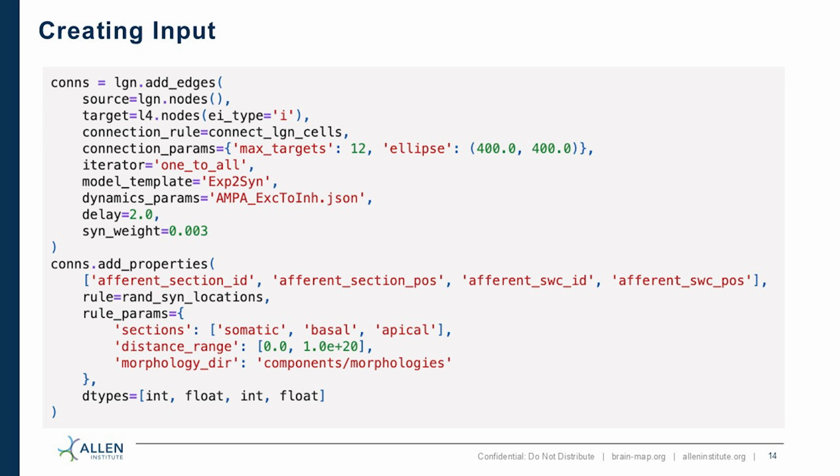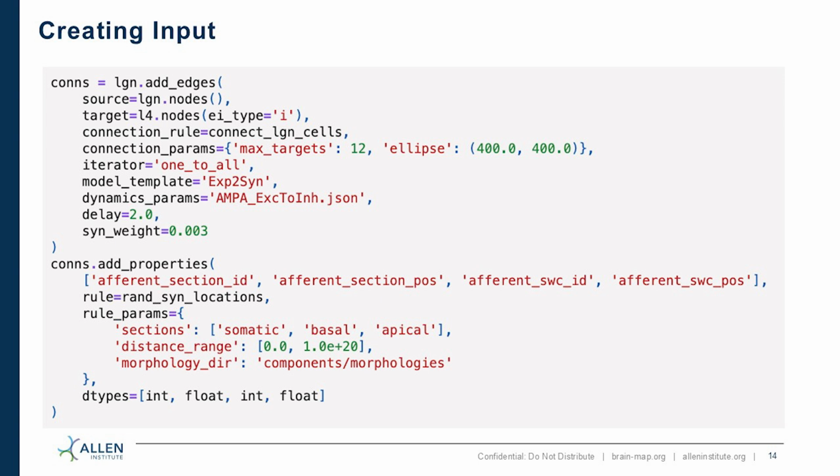Something new that's happening here compared to the recurrent connections that we formed is that rather than iterating through all individual pairs of, for example, EDE cells, as we did for our EDE connections, we're using a different iterator here. We're using a one-to-all iterator specified here. The default is one-to-one. We didn't specify that earlier, but it was using the one-to-one iterator.